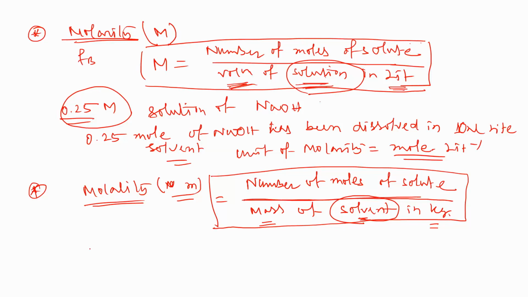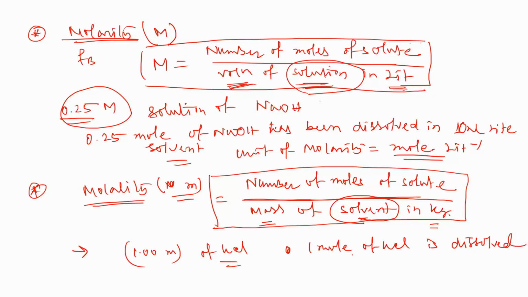Okay, so suppose 1.00 m of KCl, that means 1 mole of KCl is dissolved in 1 kg solvent. Whatever solvent is there, suppose water, so 1 kg water.